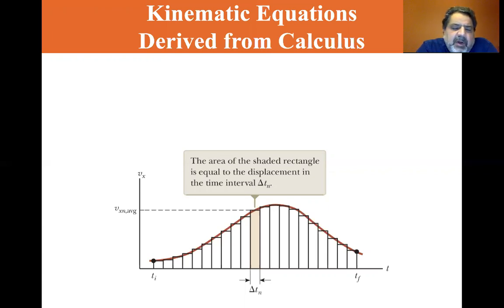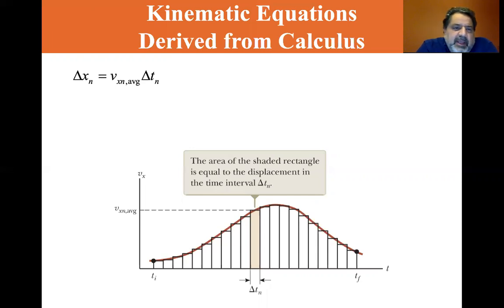If we add up all of those rectangles, we get an approximation of the area under the curve. And if we start adding more and more intervals, the delta tn gets smaller and smaller. So we can define a limit.